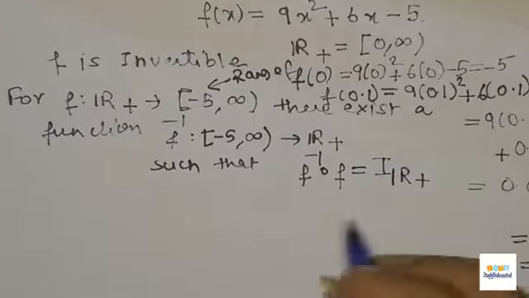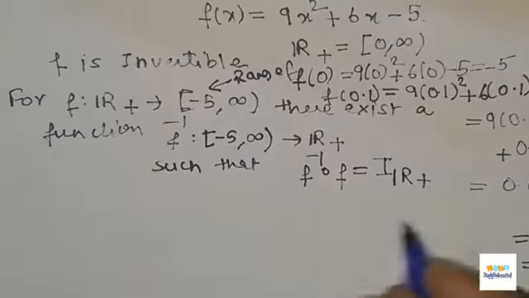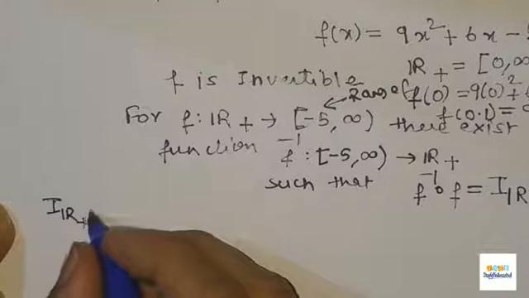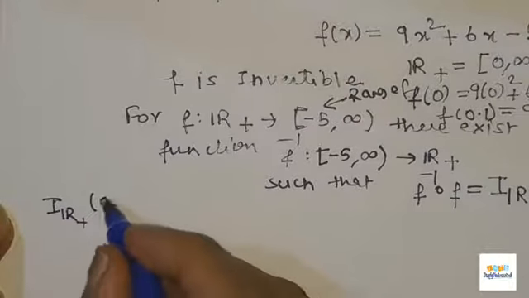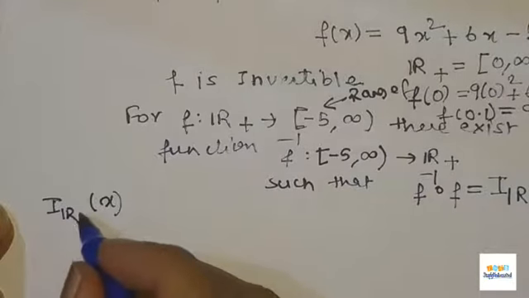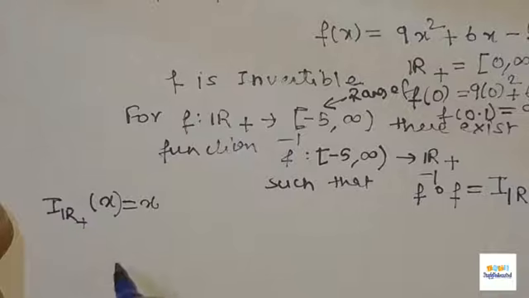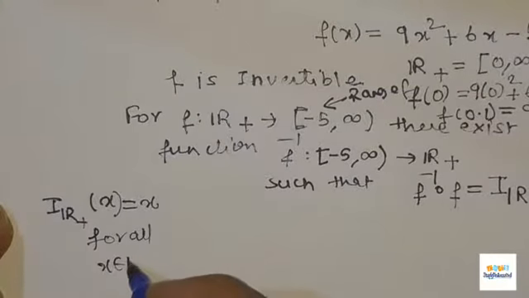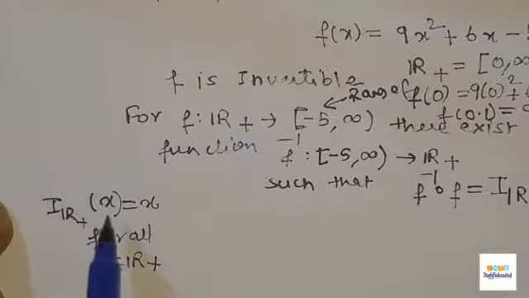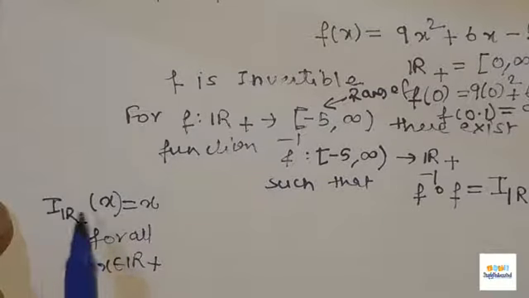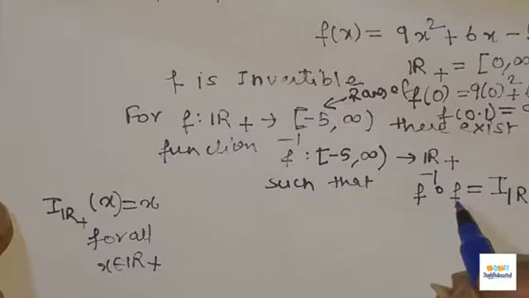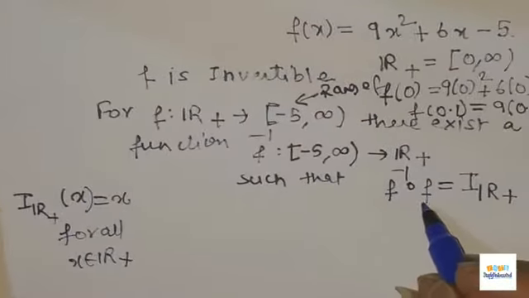Why? Because what is I R plus? If you look at I R plus, this function takes every x in the domain R plus to x. So this is for all x belonging to R plus. Now you can see that the x that you have taken here is nothing but an element of this set R plus, and that is nothing but the domain of f, right?